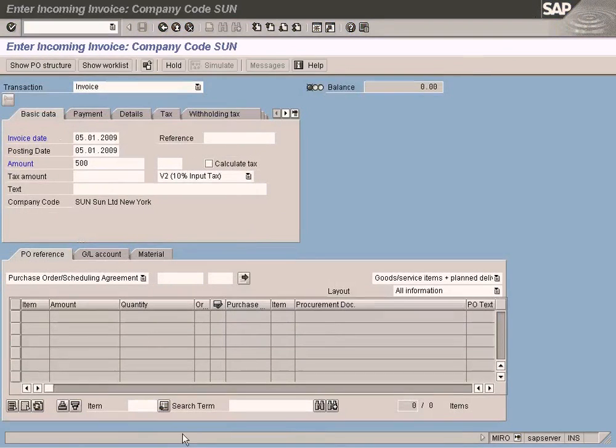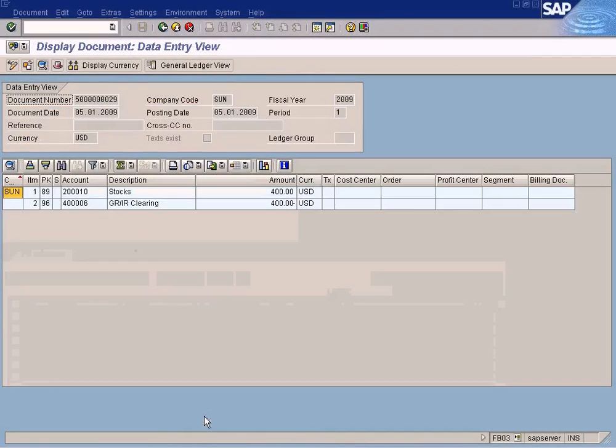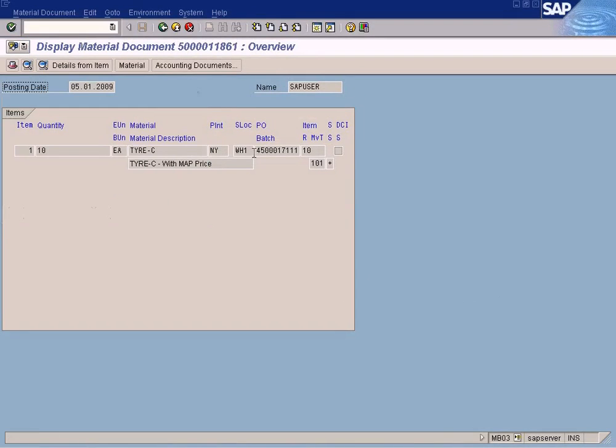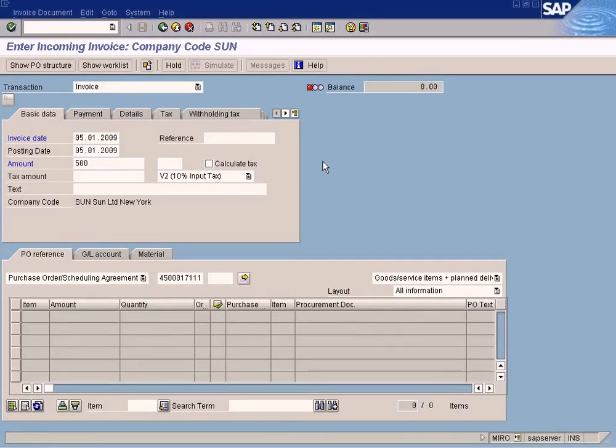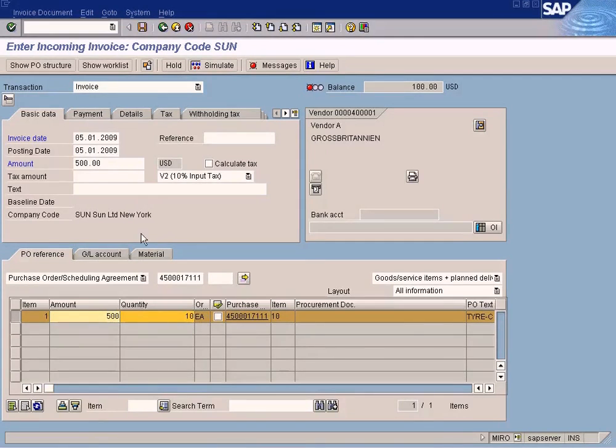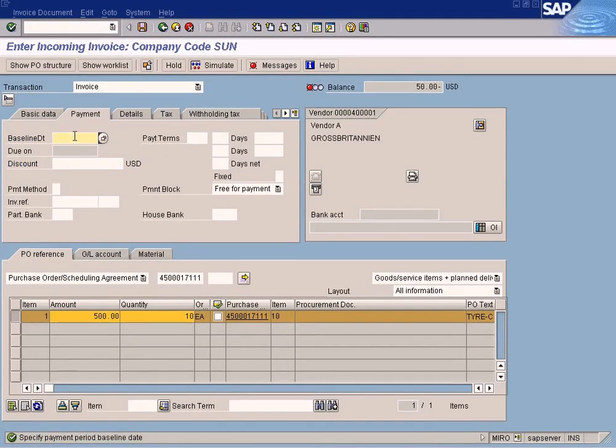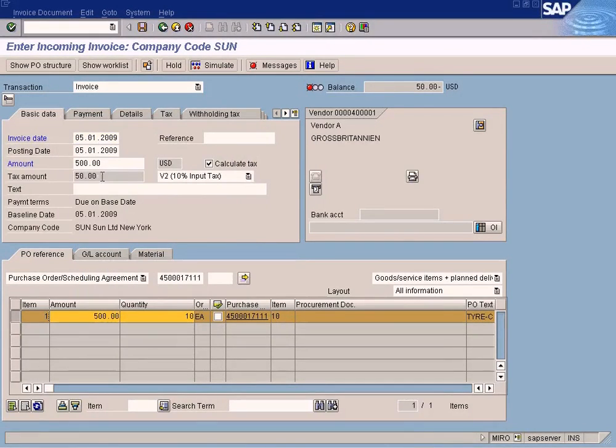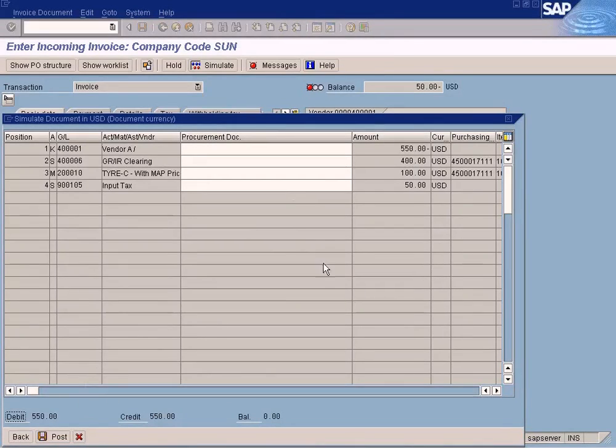I'm going to copy the purchase order and change this to 500, $50 each, so $550.